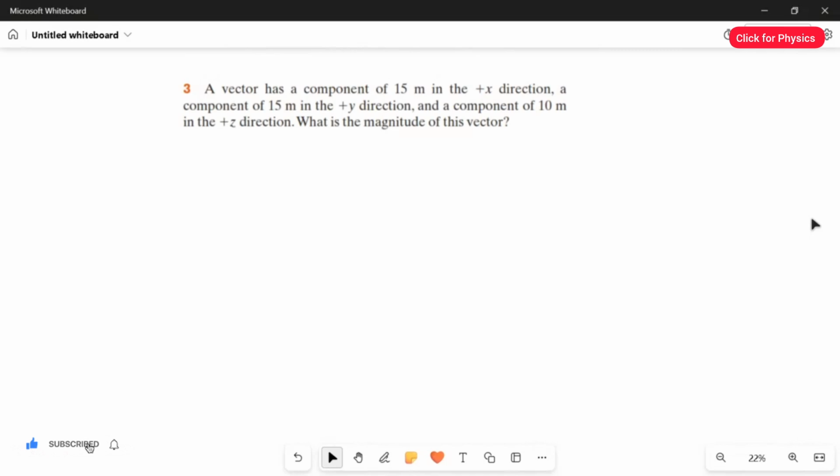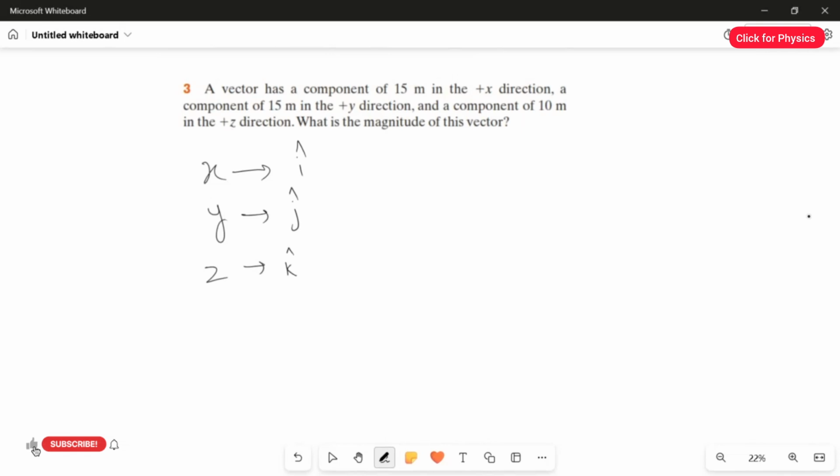For finding the magnitude of this vector, we have to frame a vector equation by using the components as well as the unit vector notation. In theory, we studied that the unit vector notations for x, y, and z are i cap, j cap, and k cap.